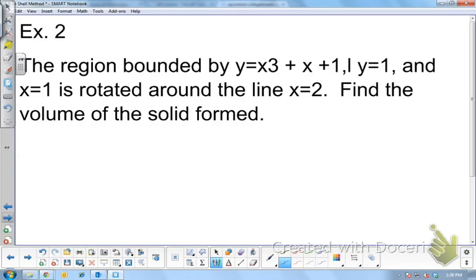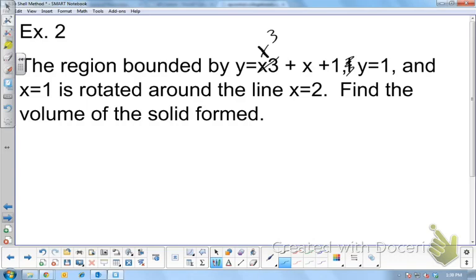So let's say our region is bounded by x cubed plus x plus 1, I forgot to superscript that. Wow, my typing skills were fantastic today. That's sarcasm. And the dividers are y equals 1 and x equals 1, and it's rotated around the line x equals 2.